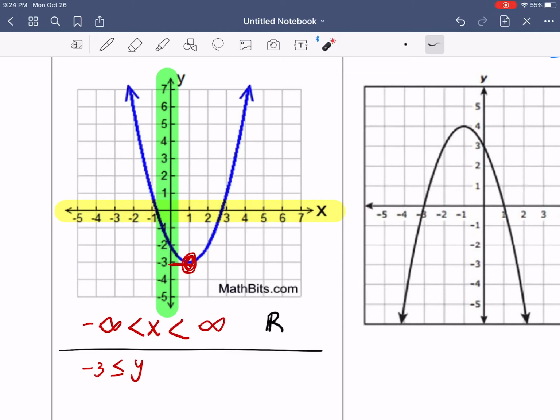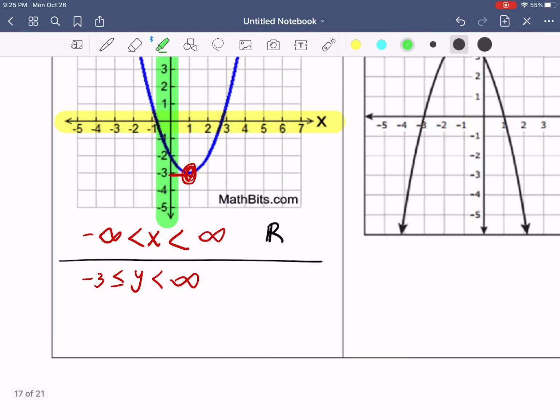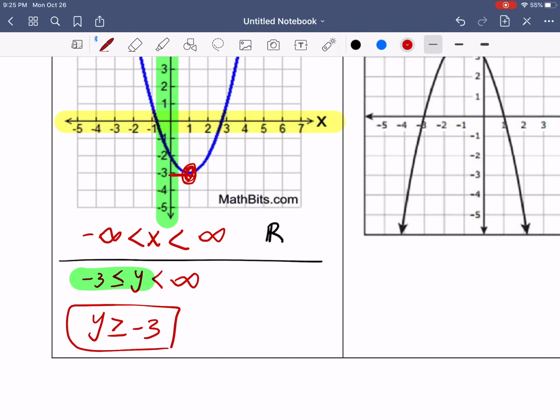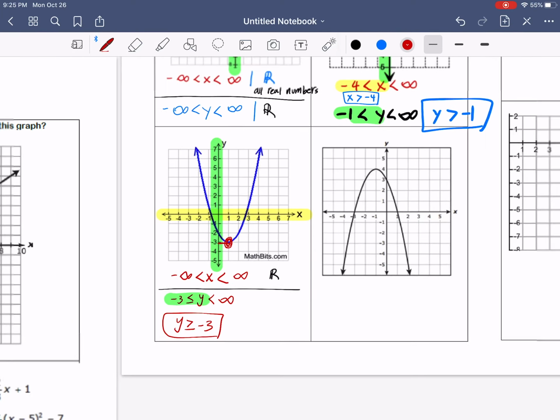And what's the highest point? Again, range is bottom to top. So bottom is -3, and it keeps going up to positive infinity, like that. So that's gonna be the range. And this, if you flip it, it's gonna be y is greater than or equal to -3. So that is gonna be the answer for this one. So that's the range.